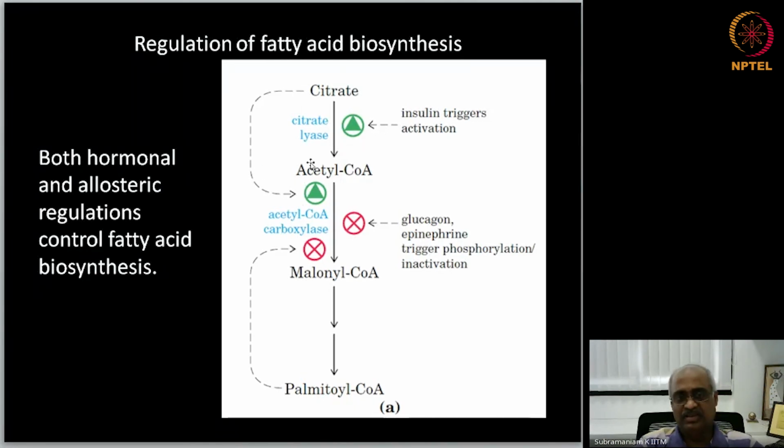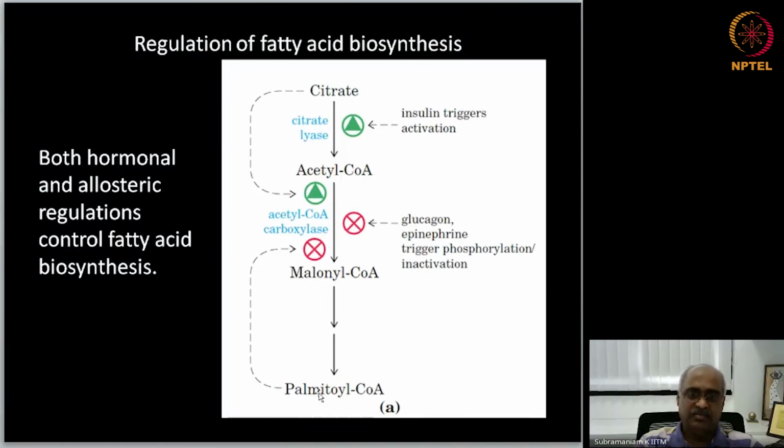So yesterday we saw glucagon, epinephrine, and this phosphorylation, dephosphorylation regulation of ACC. The new information added today is citrate as a positive regulator, and how that makes sense based on what we have learned in the fatty acid biosynthetic pathway steps, as well as the mitochondria to cytoplasmic shuttle of the acetyl groups.